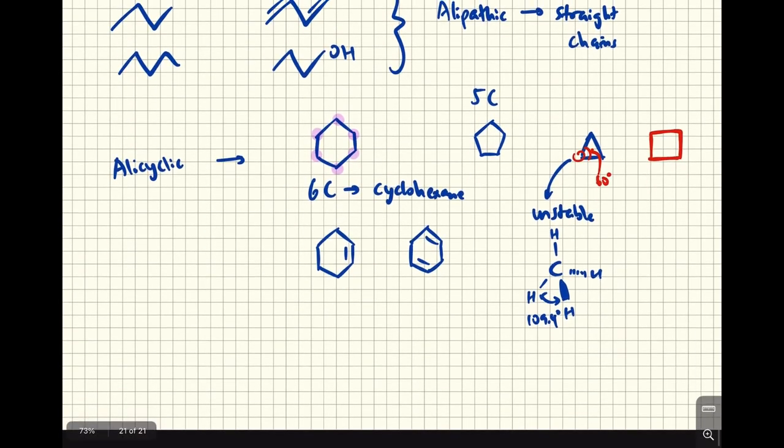Lastly, you have alicyclic, you have aliphatic, you also have aromatic compounds. I'm not going to go through many examples of aromatic compounds, but I'll need you to know the most important one, which is benzene.